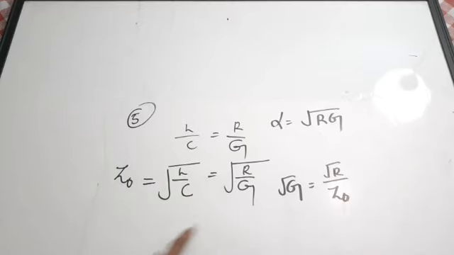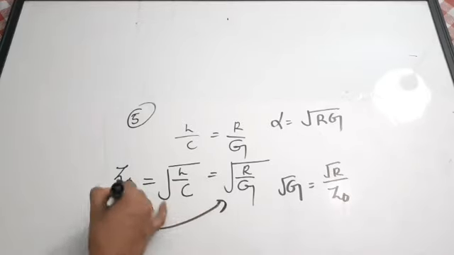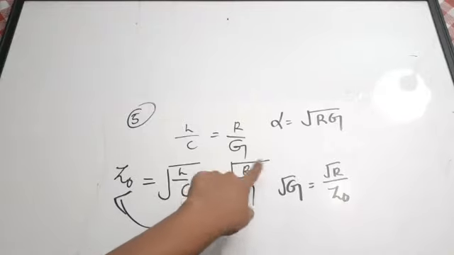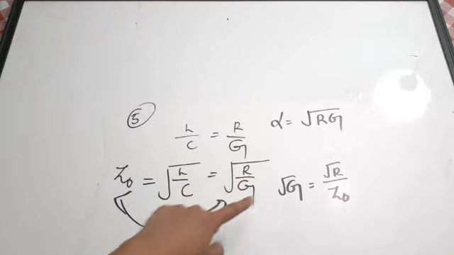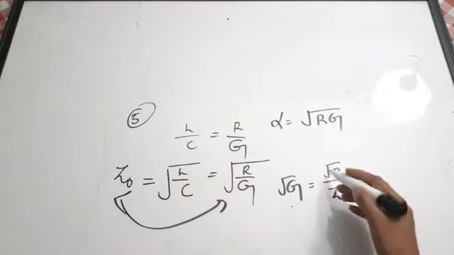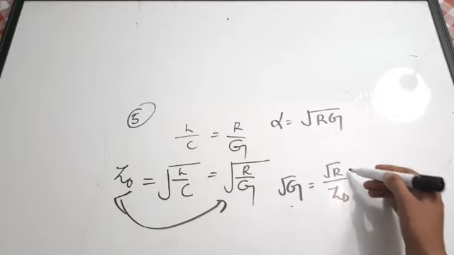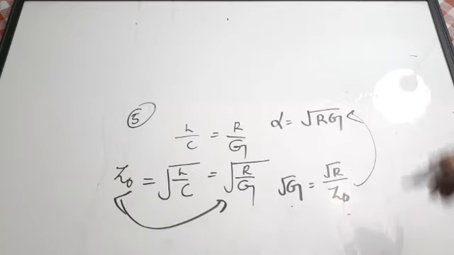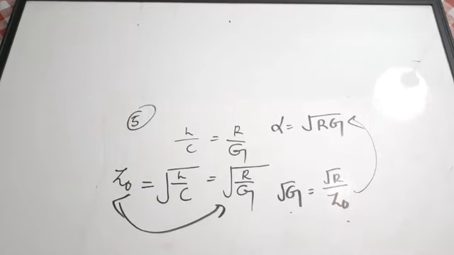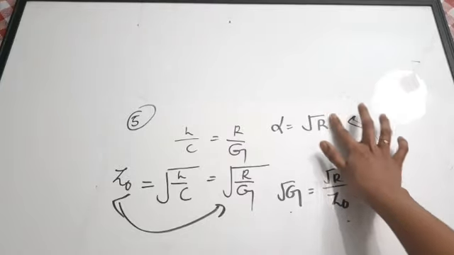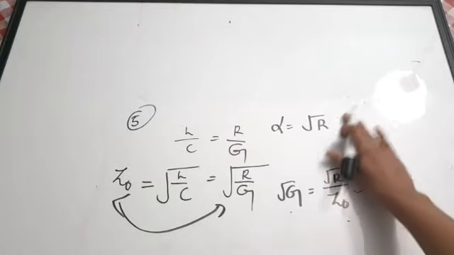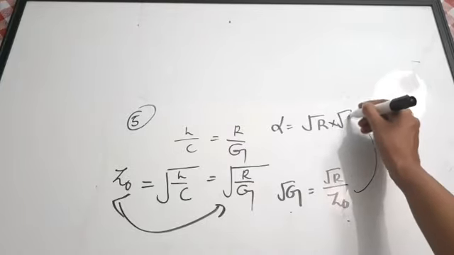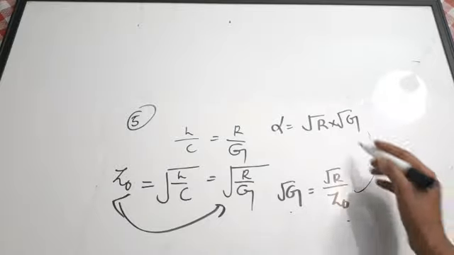I'm going to take this relation connecting these two, Z0 and square root of R by G. From this, you can write square root of G equal to square root of R by Z0. Just substitute this in the equation for attenuation constant. I'm going to split this square root and write it as into square root of G. Now it is easy, right?